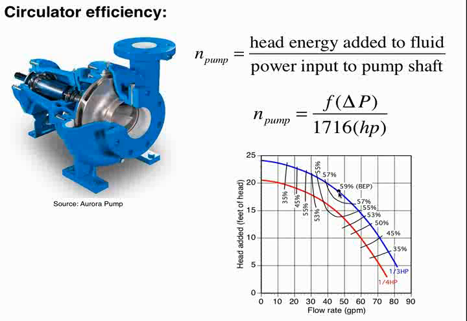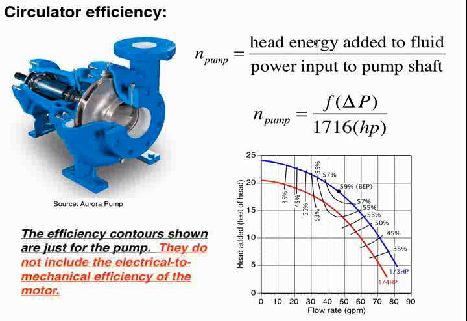It means 59% of the mechanical energy that is being supplied right here at the shaft is actually being converted to head energy and transferred over to that fluid. Okay? So again, I want to emphasize, when we talk about pure pump efficiency, we're not including any electrical motor or any other prime mover efficiency. It's just the efficiency of mechanical energy converted over to head energy.